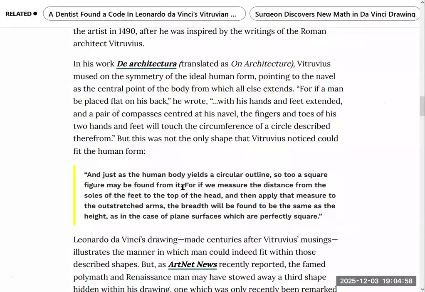Again, once again, he says, "for if we measure." It basically means just "if," right? Or is there a little bit of additional nuance to it? In a way, it reads like an explanation of something.